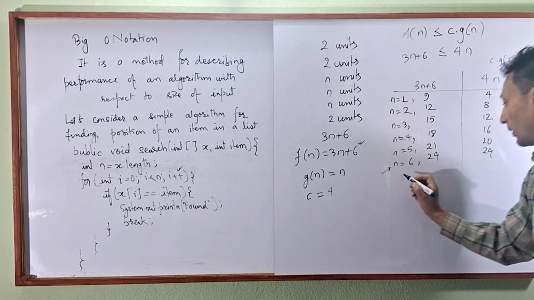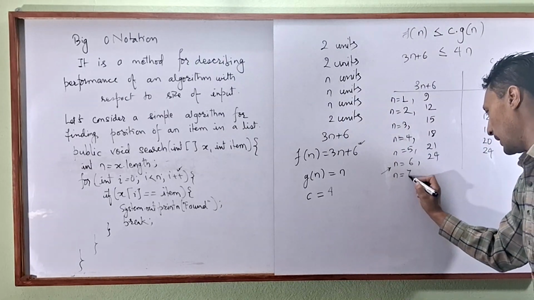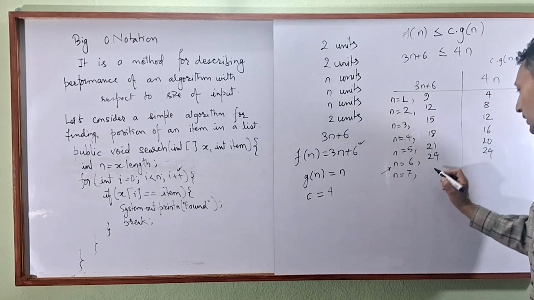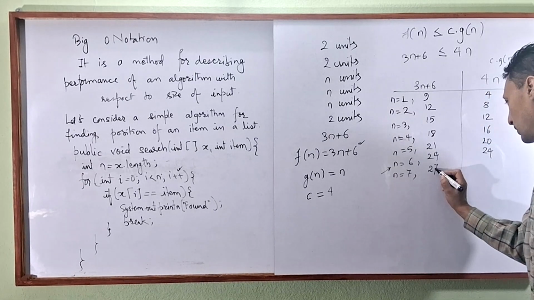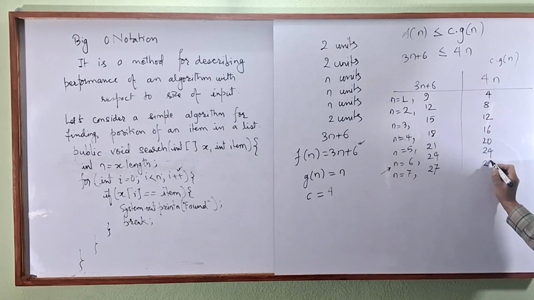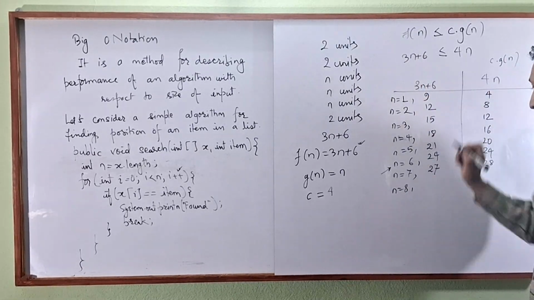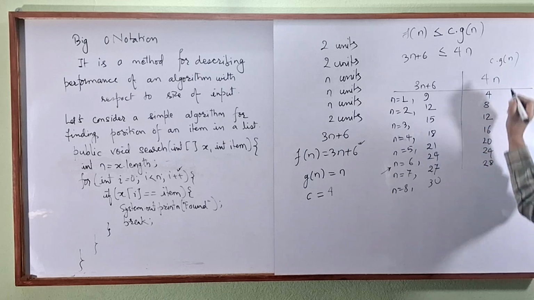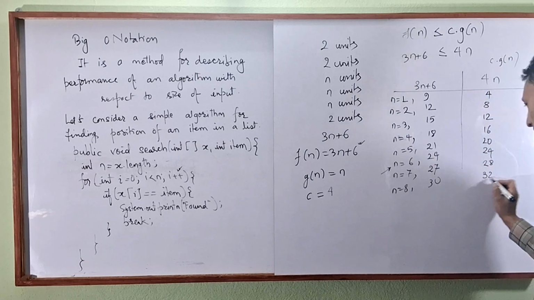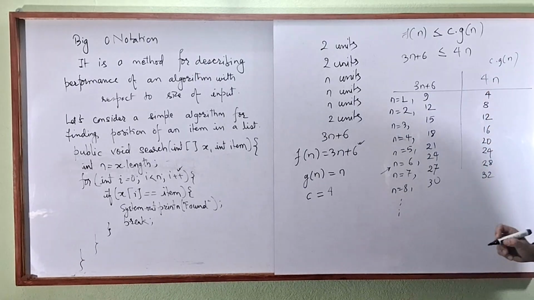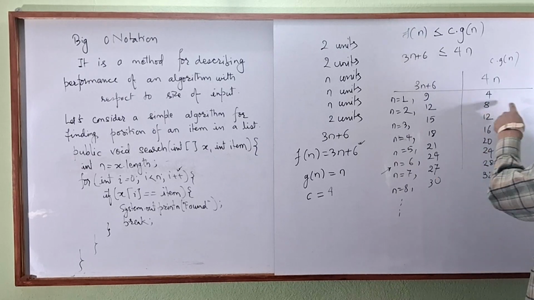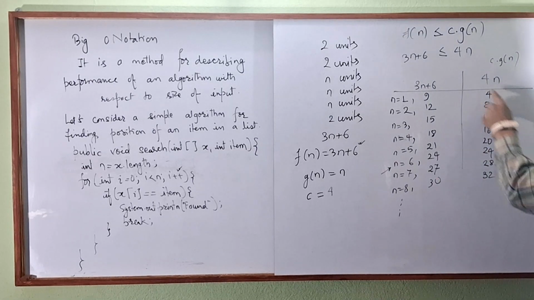Both are same. Now if we increase n and make it 7, this will be 21 plus 6, 27, and this will be 28. If we take n equal to 8, then 8 threes are 24, plus 6 that will be 30, and that will be 32. Now from here, as the value of n increases, this part will be greater than this part.